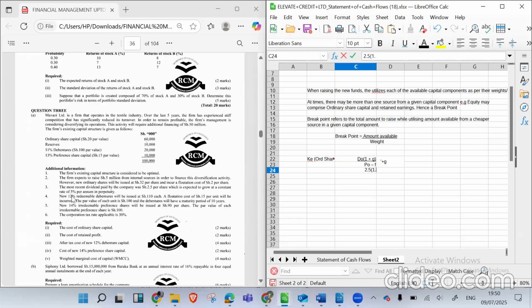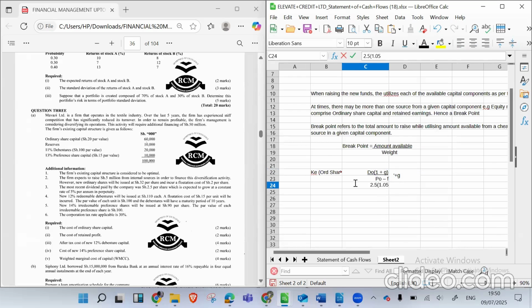So can I say 1.05, 1 plus g? Then we divide by P0, our market price per share.